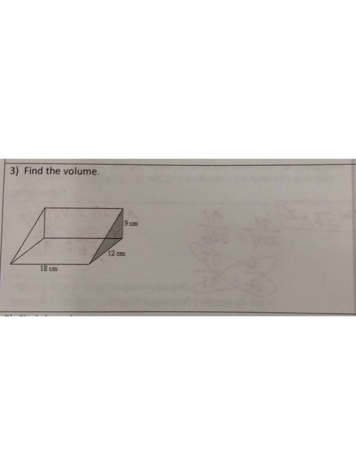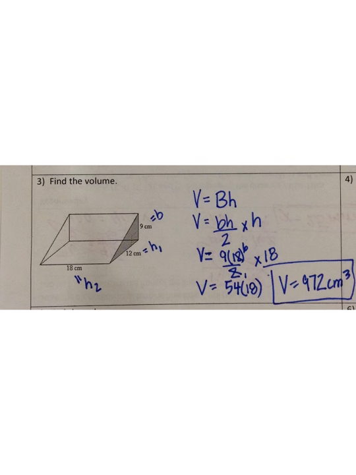Number 3, find the volume of this triangular prism. All right, triangular prism, the formula for volume is the area of the base, which is the shaded part here, times the height of the actual figure. So to find the area of a triangle, it's base times height divided by 2. And then to bring it to the third dimension, we multiply it by the height of the figure.